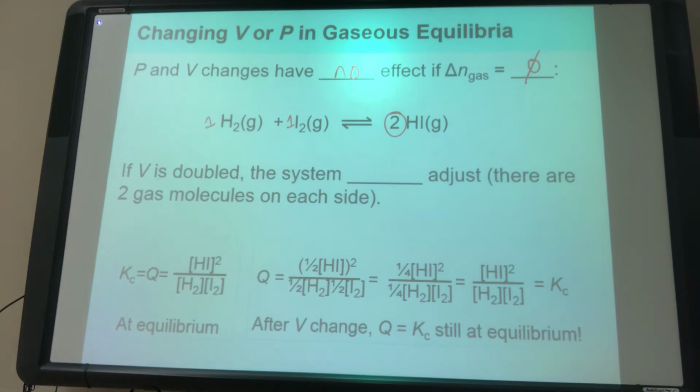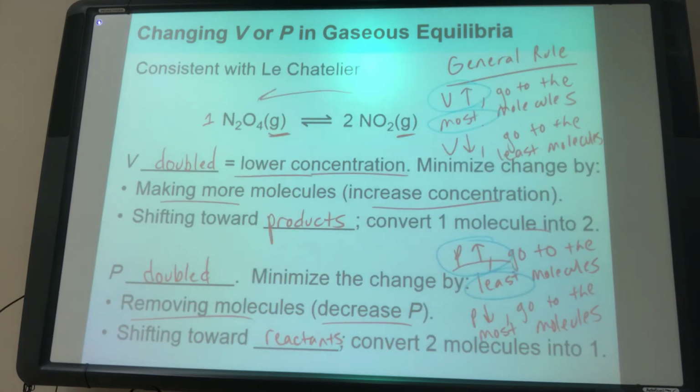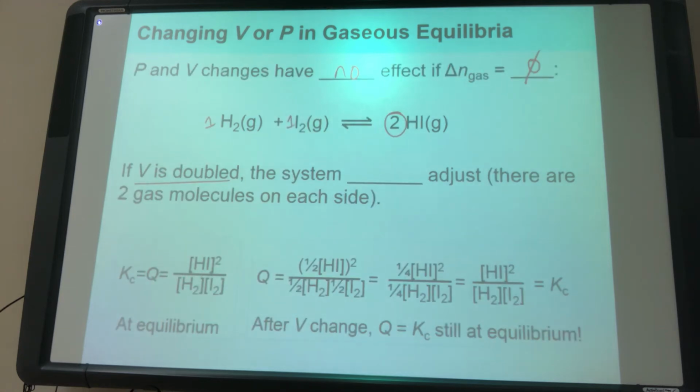So if I increase my volume, what do we say? Volume increases, go to the most molecules. I don't know where to go. This has 2, this has 2. So when it's the same and the volume is increased, the system cannot adjust, because there's the same number of molecules on each side.